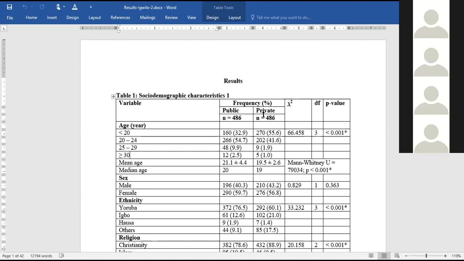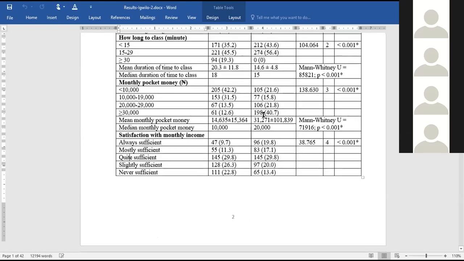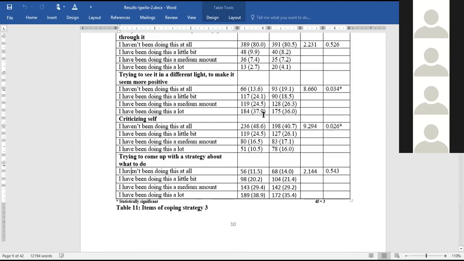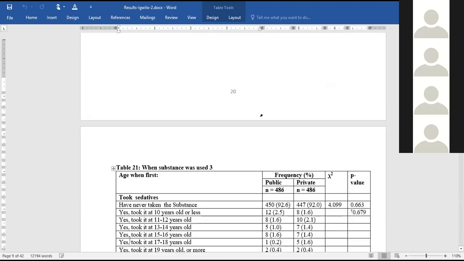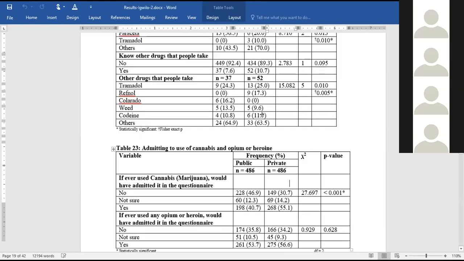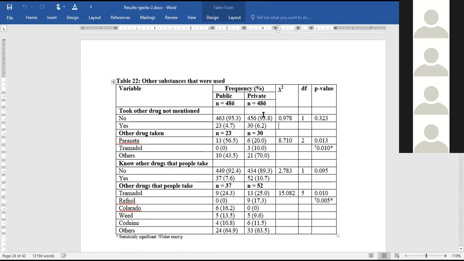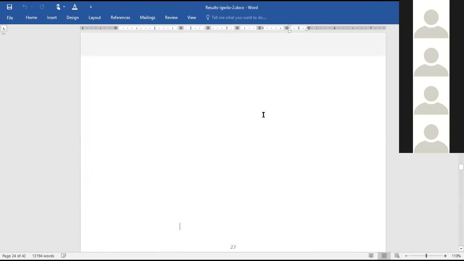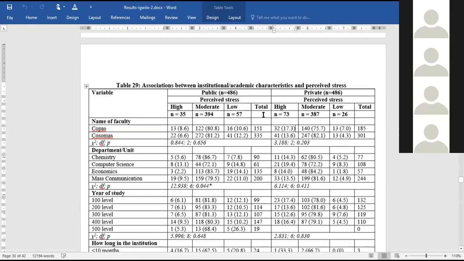This percentage now is along the row, so 32.9 and the rest will not give you 100%. It is when you have it vertically that gives you 100%, because this is the frequency. But in cross tabulation, that's where you see the percentage along the row for good interpretation. Okay, look at this.